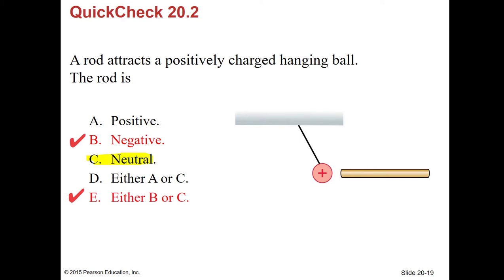Well, there's something called induction that could possibly happen. Let's take a look at that idea. What I've drawn here, as you can see in the rod, it's still neutral. It has the same amount of positive and negative charges, but the individual molecules could arrange themselves maybe something like this: negative, positive, negative, positive, negative, positive.